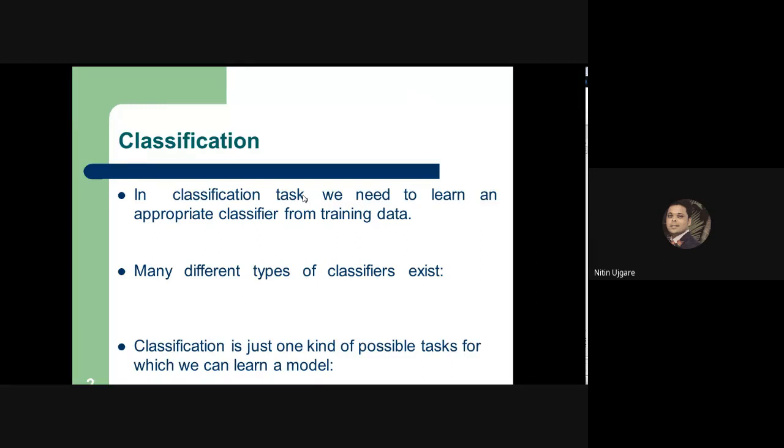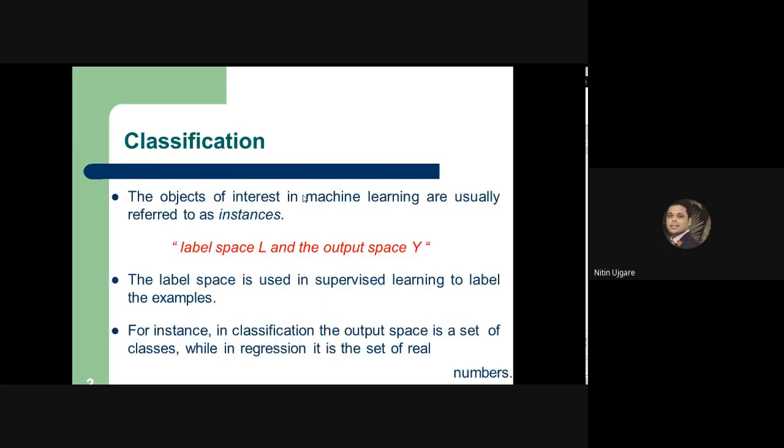Classification is just one kind of possible task for which we build or learn a model. Before we start, let's have a look at the fundamentals of classification. What are the parameters or entities that are required?